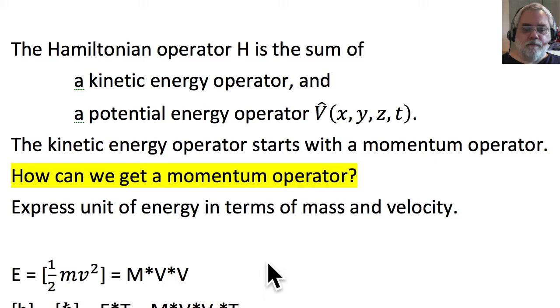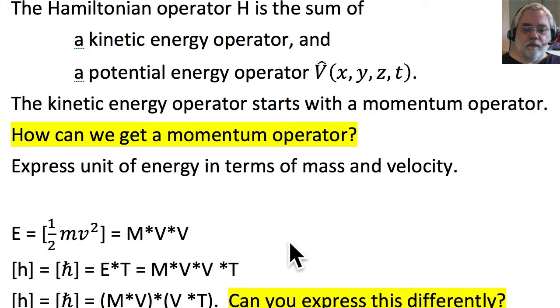The units of Planck's constant, h and h bar, are energy times time, so we have mass times velocity times velocity times time. We can group that any way we want. Let's group it as mass times velocity, times velocity times time. Can you express these quantities in parentheses differently? That would help give us more insight maybe.